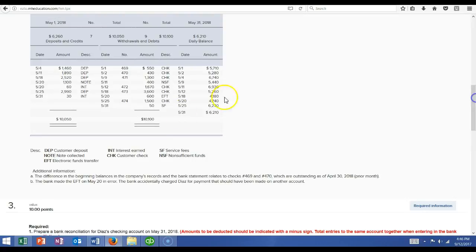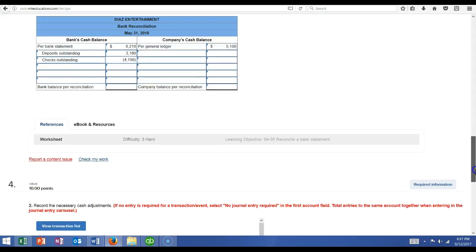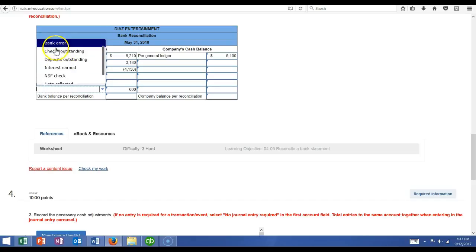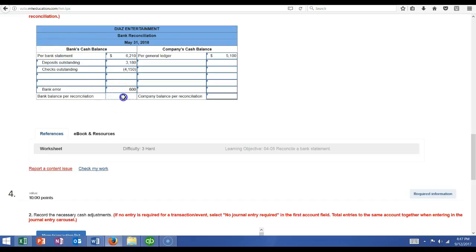Okay, we also know that the bank made an error on May 20th. Let's see what that is. May 20th, they showed an electronic funds transfer of $600. They're saying that was an error. They agree to it. So I'm going to add back $600 because they subtracted $600 from the bank. Bank error, $600.